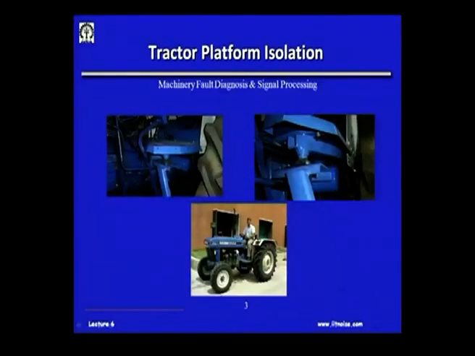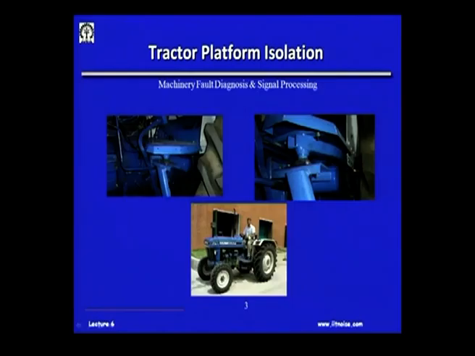To begin with, if I look into this case here, in the case of a tractor platform isolation, here we have a tractor. Of course, this is the platform where you put the foot.